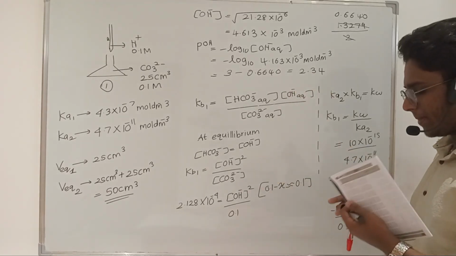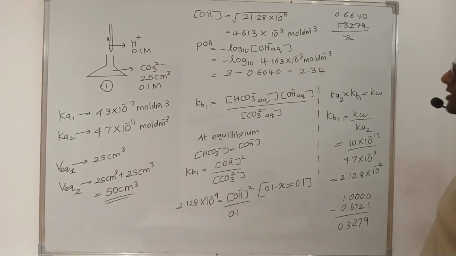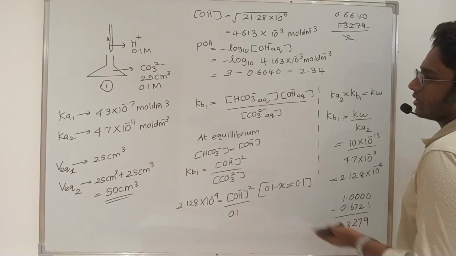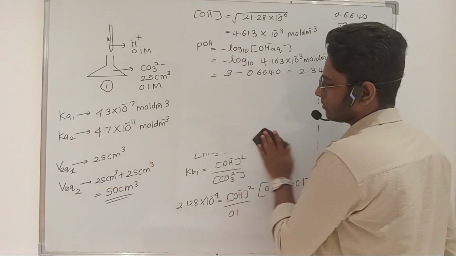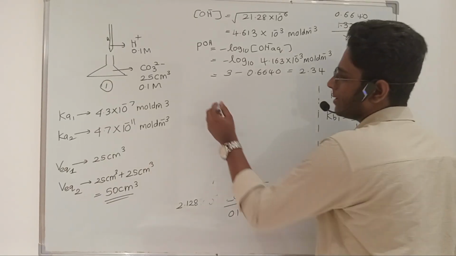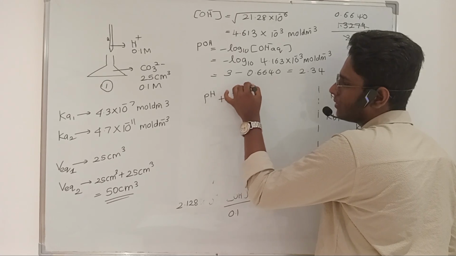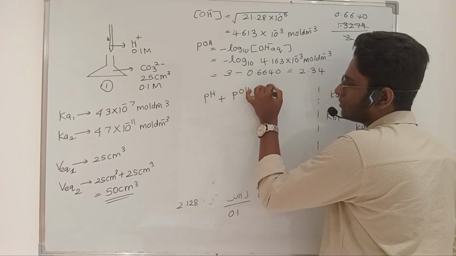Now you can find pH. How can you find pH? The famous relationship: pH plus pOH is equal to pKw.